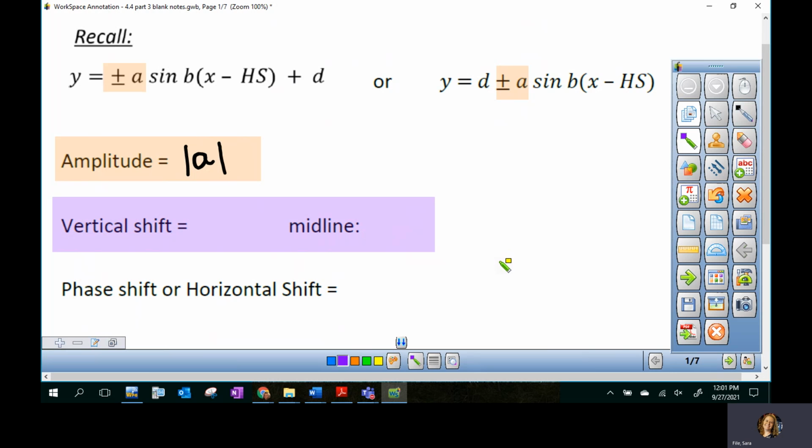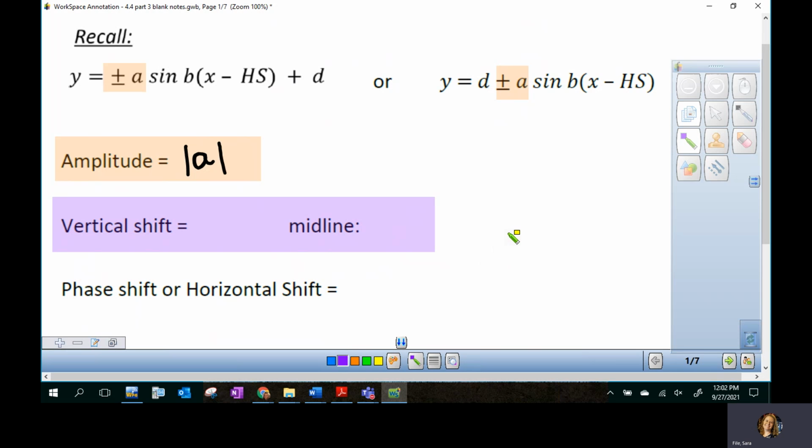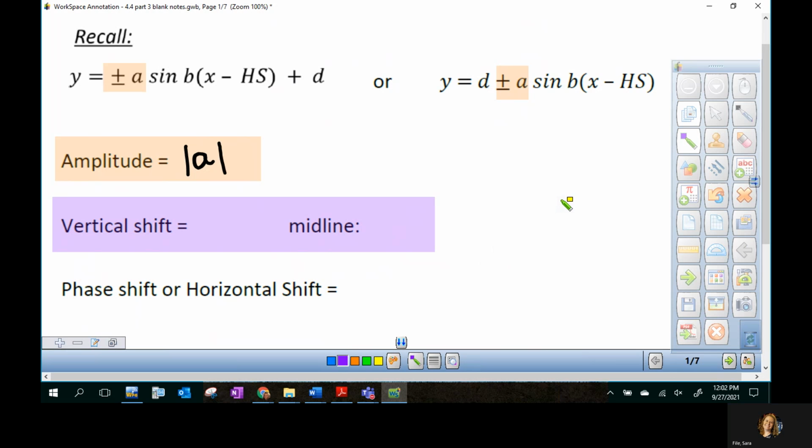Now how do you get that midline that you measure the amplitude from? What part of the equation is the midline? What if you don't have the graph? You have the equation. D. Okay.